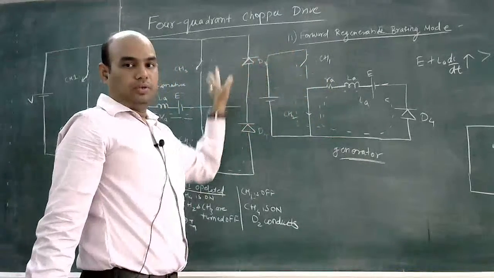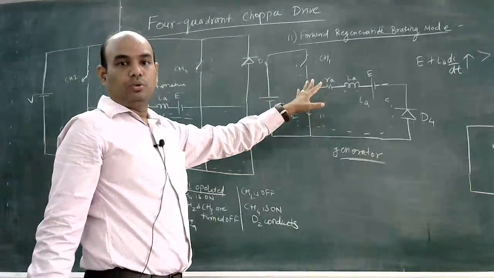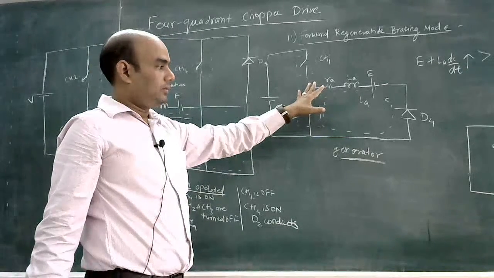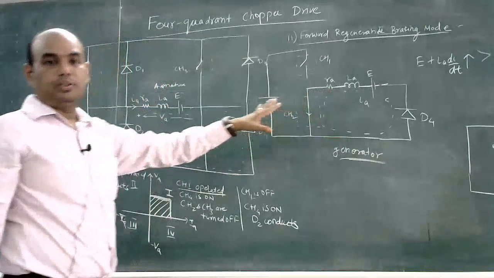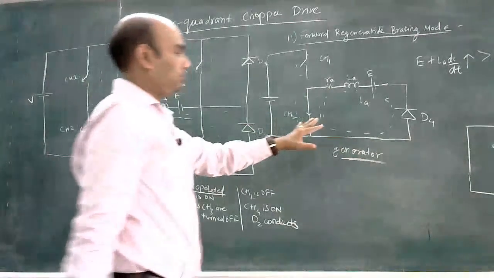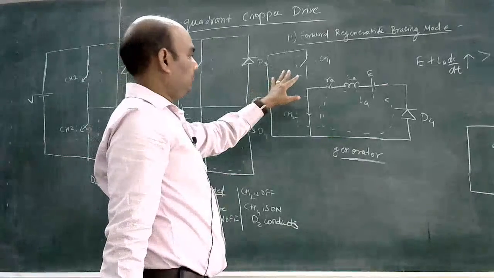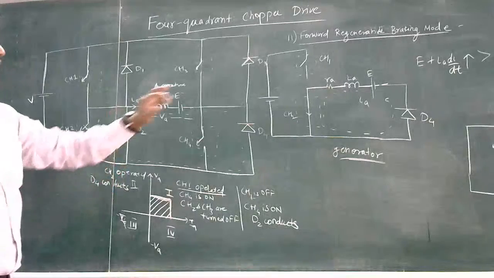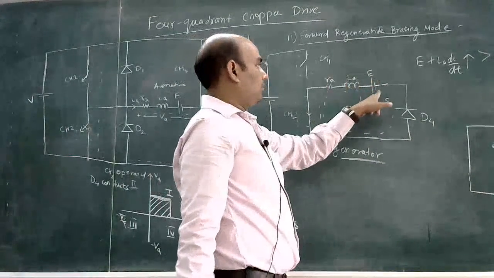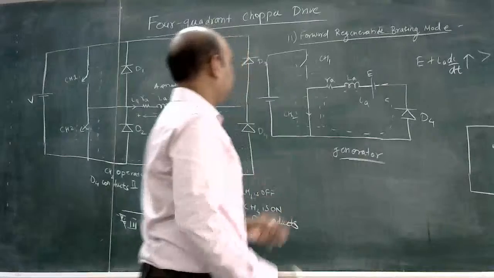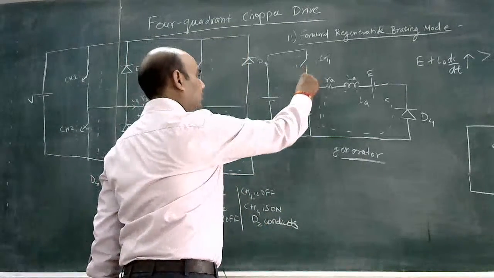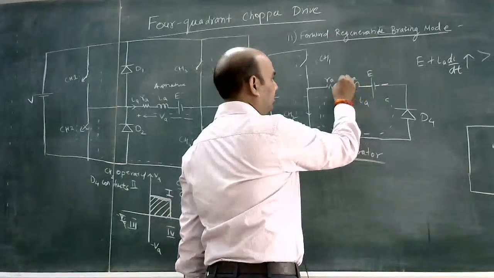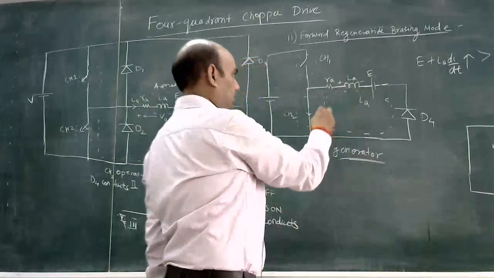Okay, so we have to stop the motor. So in case you have to stop this motor, okay, so this switch CH1 is off, and this CH4 is off, and now this LA will charge in magnetic form.